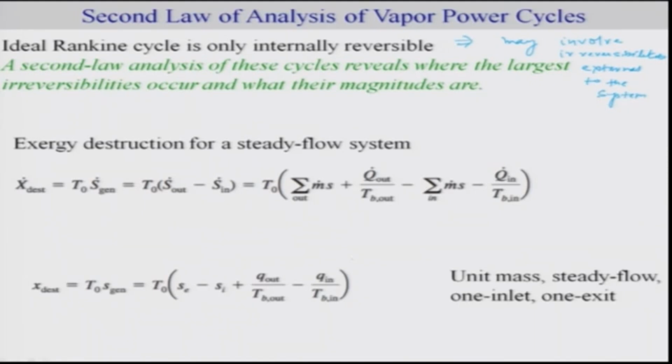This is an expression of exergy destruction, which is nothing but your T0 multiplied by entropy generation, and that can be written simply as the change in entropy for the steady flow system, S out minus S in. Now, S out can be written in terms of the contribution due to the mass flow and heat transfer divided by temperature, and similarly for the in. One can also write this expression in terms of unit mass. This we have already gone through in our earlier lectures.